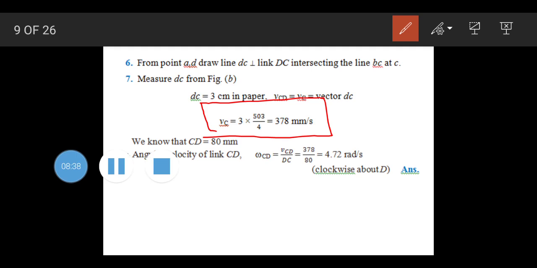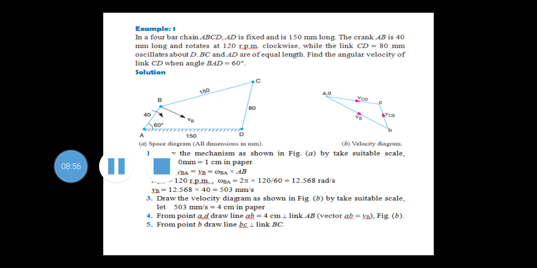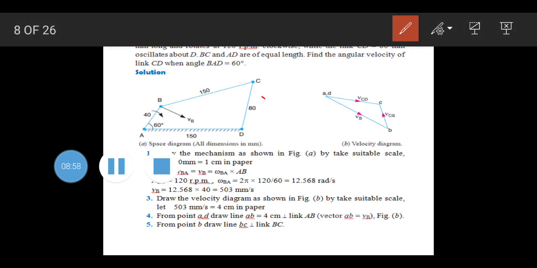Now, in order to get the angular velocity of this link CD, omega represents angular velocity, and the length of CD is 80. How did we get this 80? From the given data itself. From this given data, the length of CD is 80.